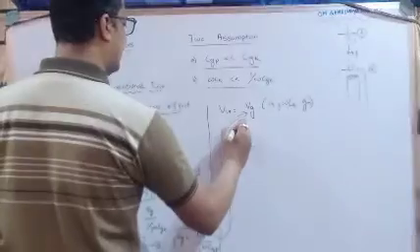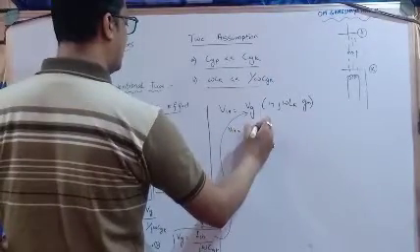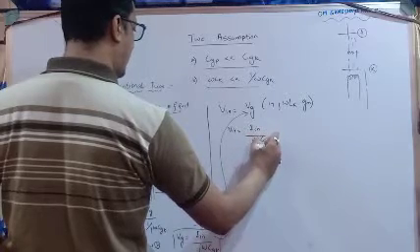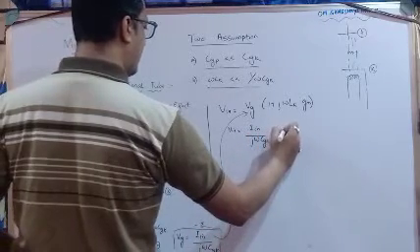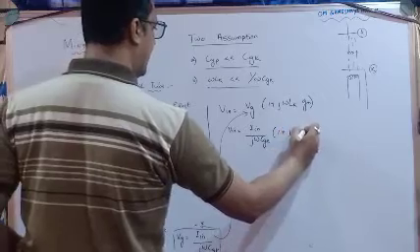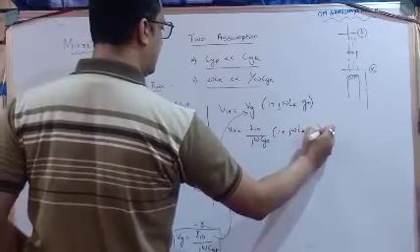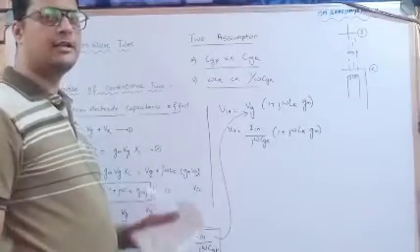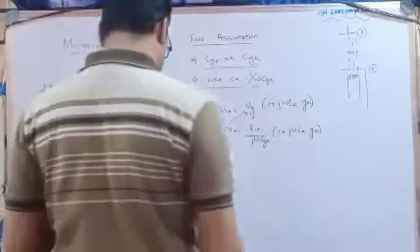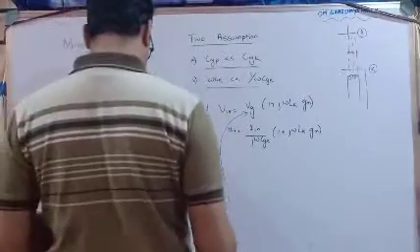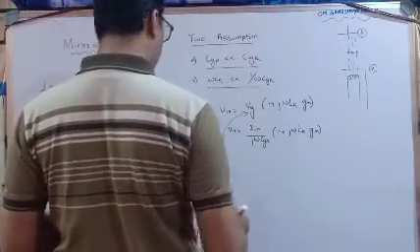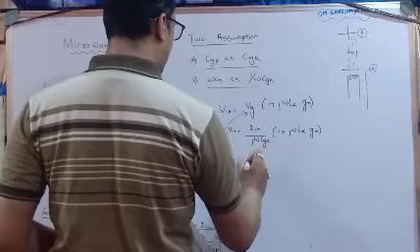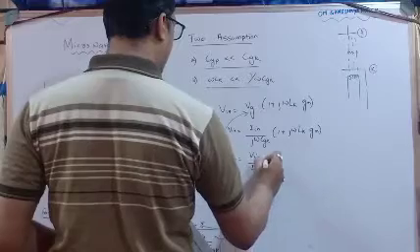Now V in is equal to I in divided by j omega Cgk times 1 plus j omega Lk into Gm. Now if you take this ratio, you will get the input impedance. So Zin is equal to V in by I in.